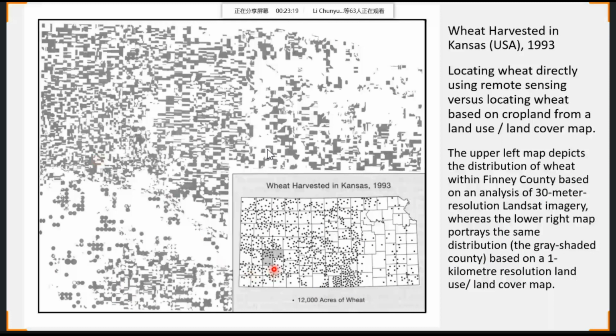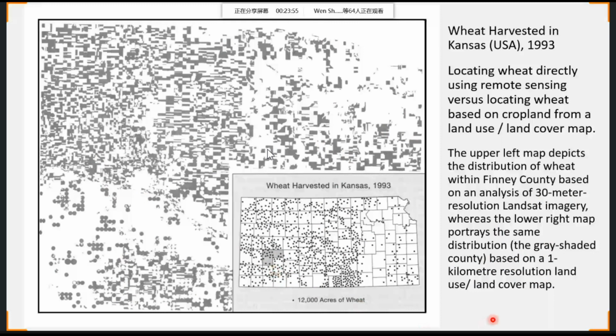But you still see that the distribution of the dots within the county reflects that this area here has 2 dots, and here are 3 dots in this area. So these 3 dots, maybe they would be rearranged a bit based on this data, but all in all, it relatively well reflects the actual distribution of the area where wheat is harvested.